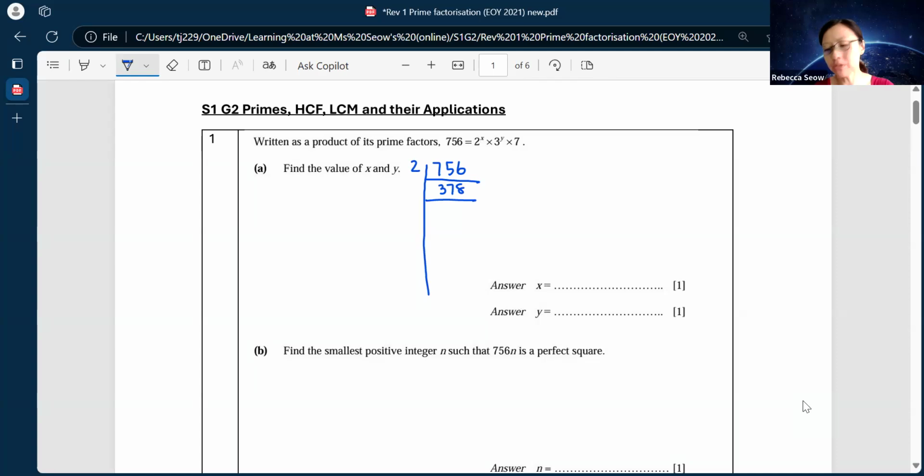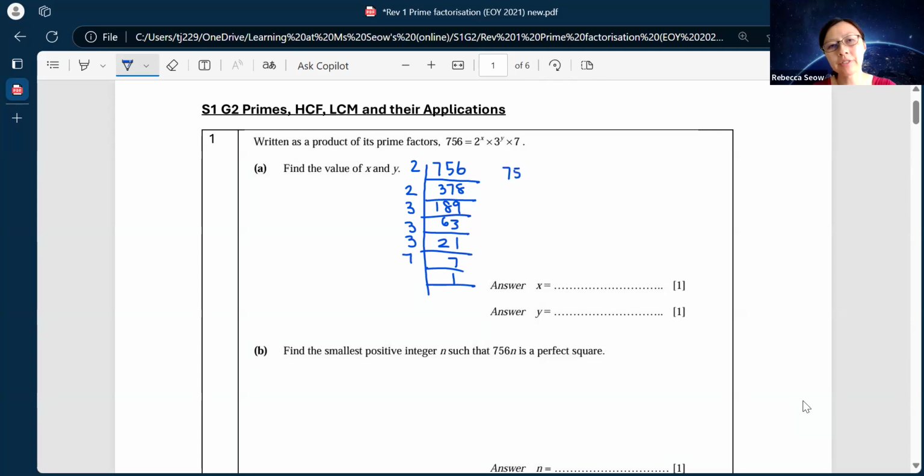Continue to divide by 2, we get 189. Because it is now an odd number, we have to move on to the next possible prime factor to divide, which is then 3. Continue to divide by 3, continue to divide by 3, and finally, we divide it by 7.